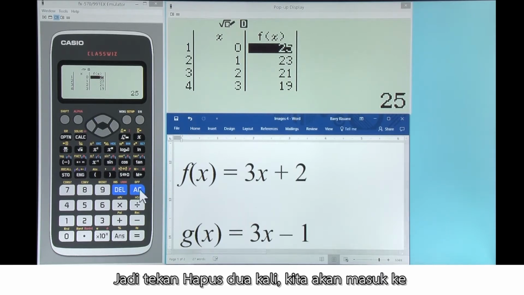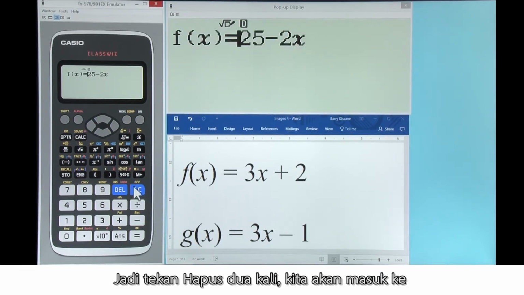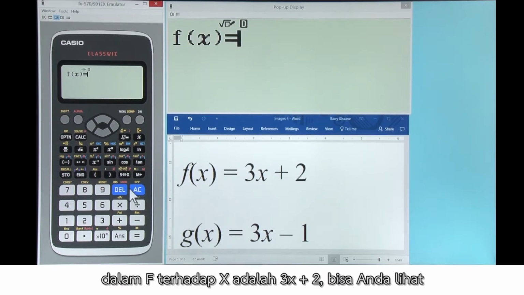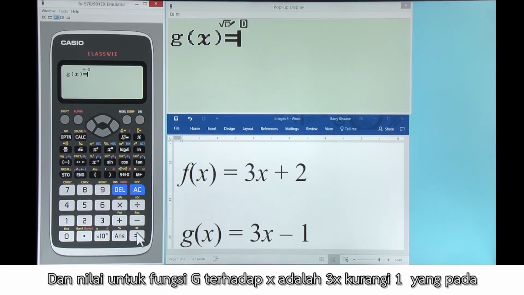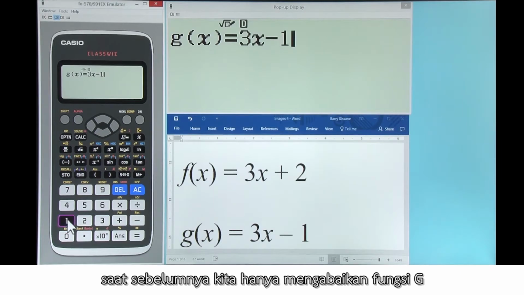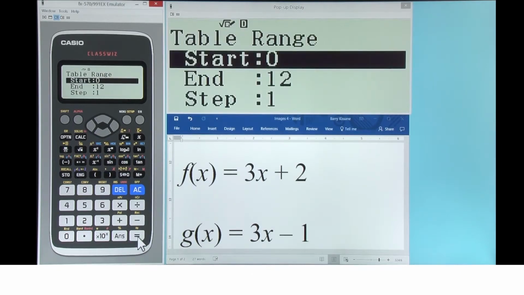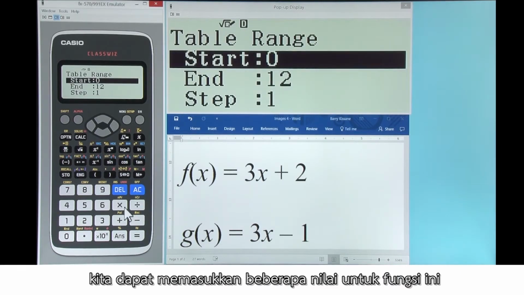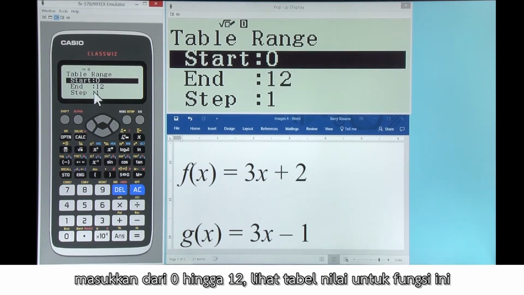So clear again, clear, we're going to put in f at x is 3x add 2. You can see there. And this time we'll have a value for g, 3x subtract 1. Previously we just ignored g. And we can put some values for the function in, let's say from 0 to 12, and just accept those.